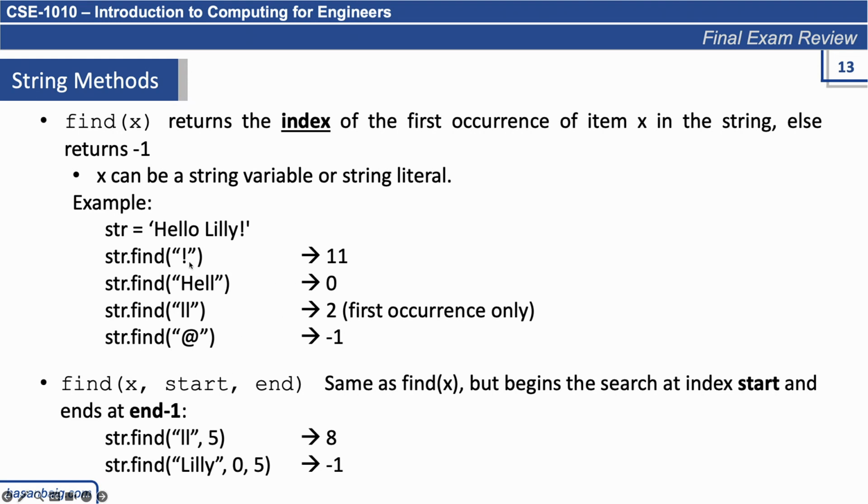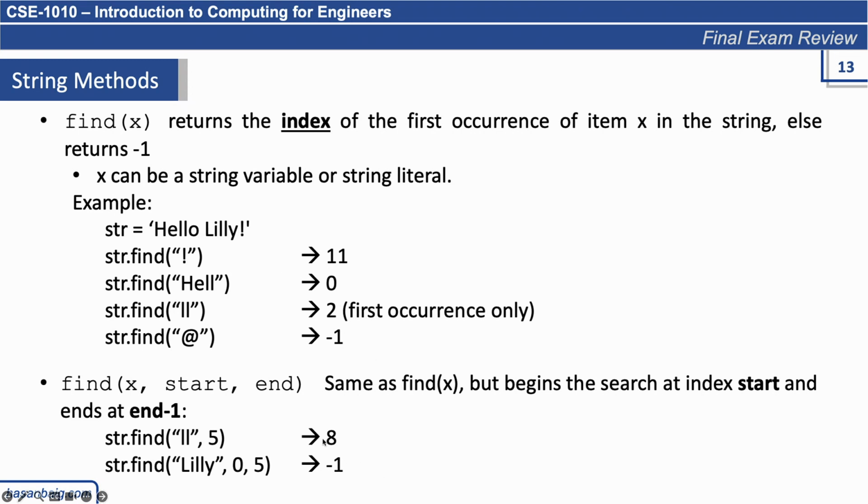For example, I can look at LL between the 5th character and the last character, or simply start to search from the 5th character and it would return the index value of double L, skipping the first occurrence because we are starting to search from this particular index.